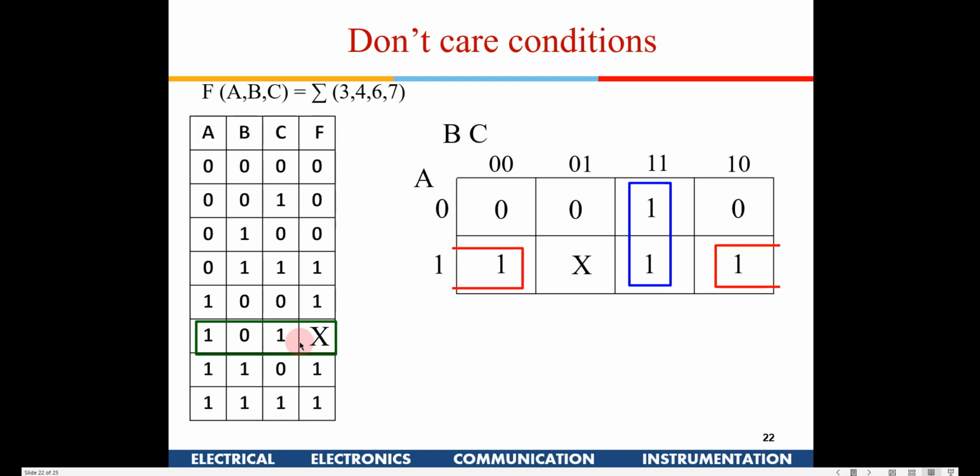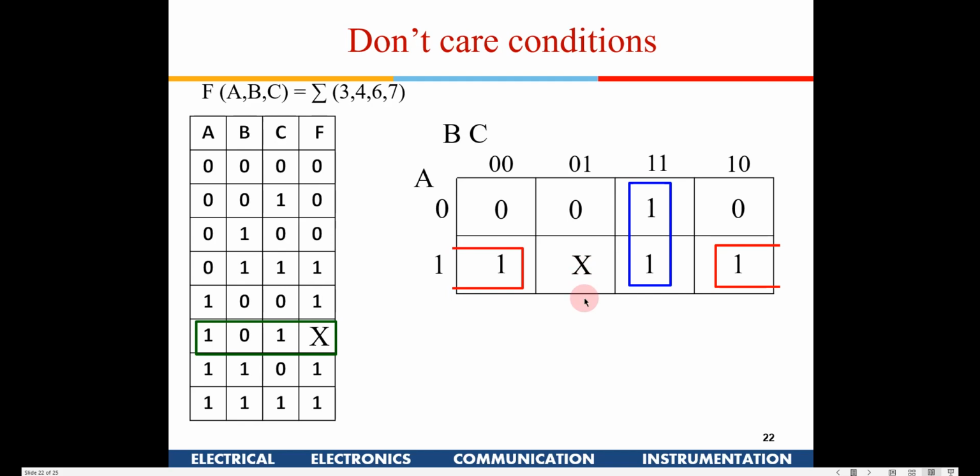It could be from sensors, or it could be the result of some arithmetic computation. I'll give you some practical examples after this. For some reason this particular input combination is not likely to come at all, so I will call it a don't care. Now instead of putting a 0 here, I put an x.